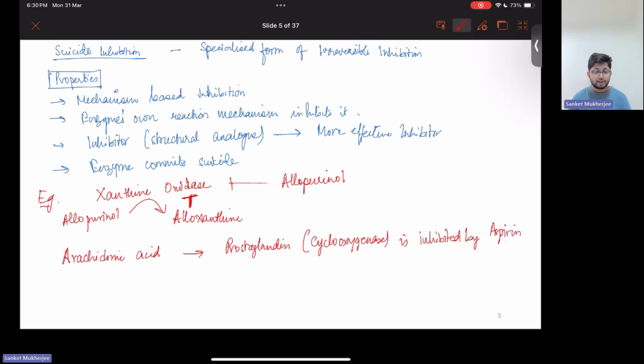It is commercially available. 5-fluorouracil is converted to 5-fluorodeoxyuridylate.